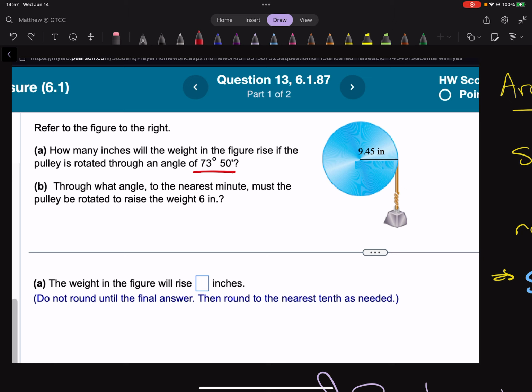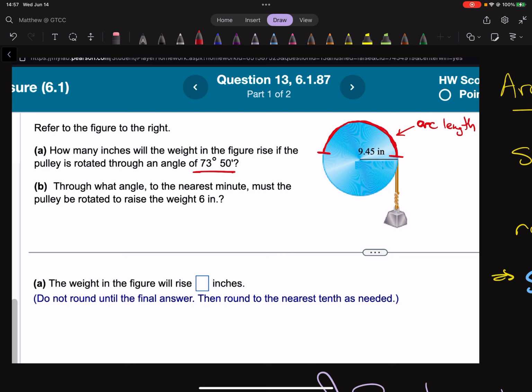This rope is going to be guided along the edge of this circular pulley. The distance between those two points we would refer to as arc length, because it is the length along the arc of a circle.